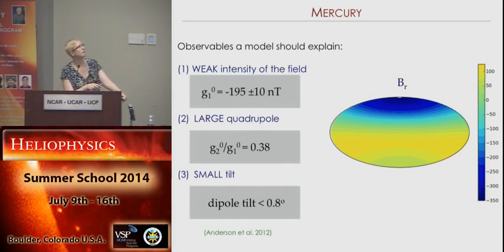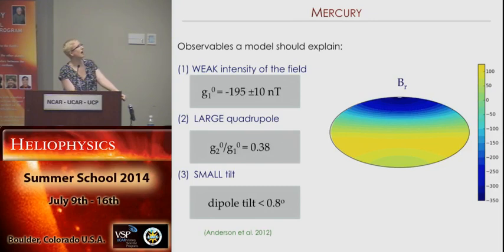But the other thing it's been able to do is tell us a little bit about the smaller scale structure of the field. It looks like the quadrupole component, and these are Gauss coefficients, spectral coefficients essentially, is fairly big. So the surface field we see is about 60% dipole and 40% quadrupole. There's a large quadrupole component, even though it's still dipole dominated.